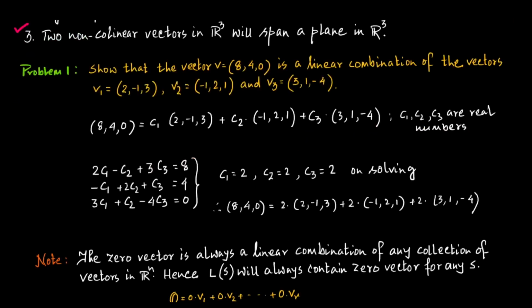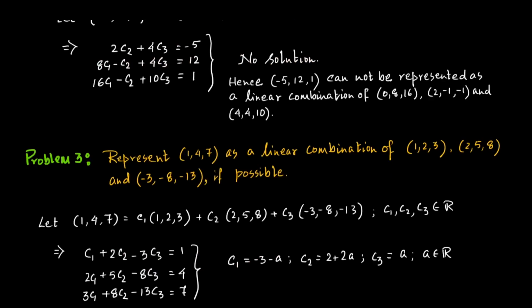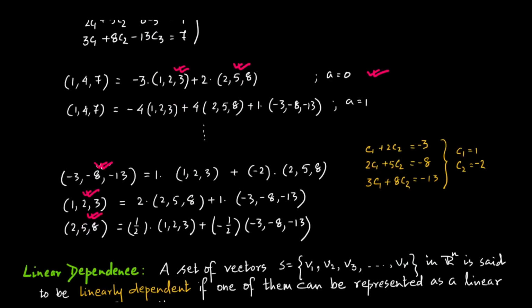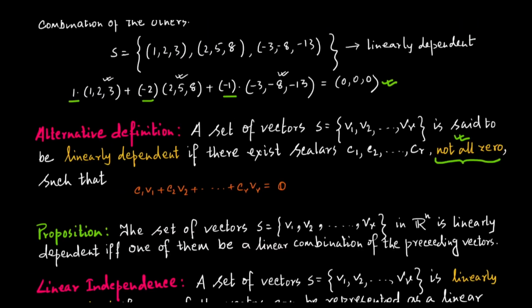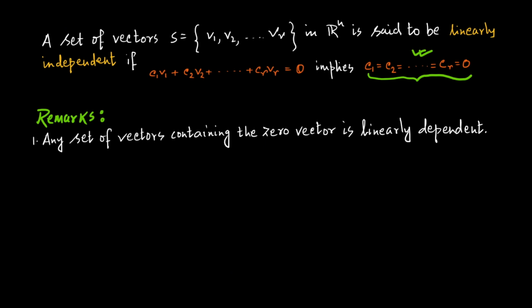Now we can have some more generic results which will make the subject more interesting. Firstly, any set of vectors containing the zero vector is linearly dependent. The reason is pretty simple. You can always represent the zero vector as a linear combination of any other vectors as 0 into v1 plus 0 into v2 plus, in this way, 0 into vn.